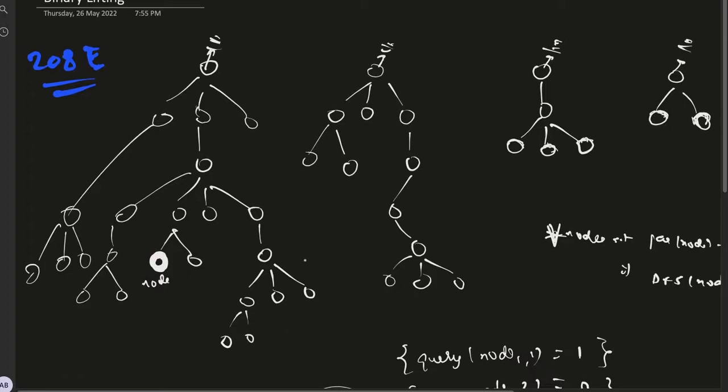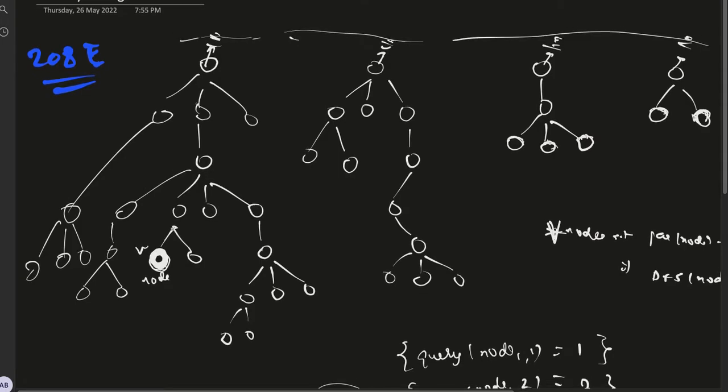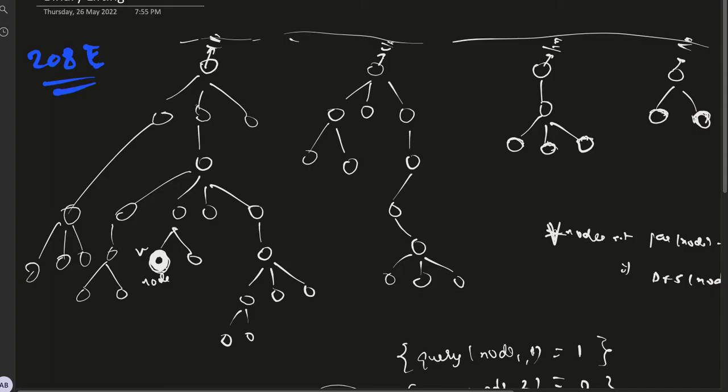So let's say we've been given this forest, and in a query we've been given this as the v node and p is equal to, let's say, 1. For this particular query the answer would be 1 because this is the pth cousin of the node.